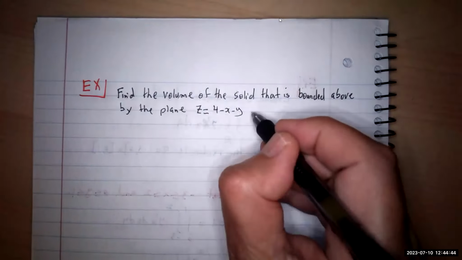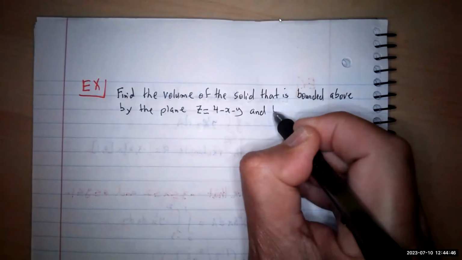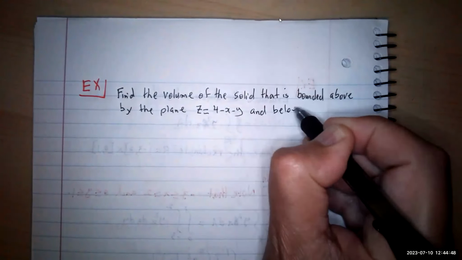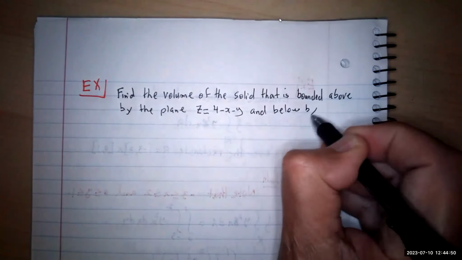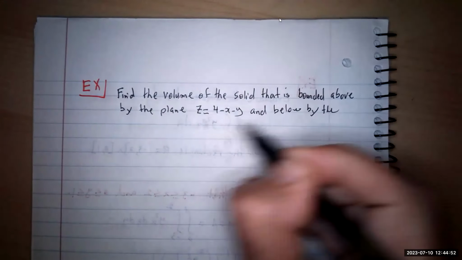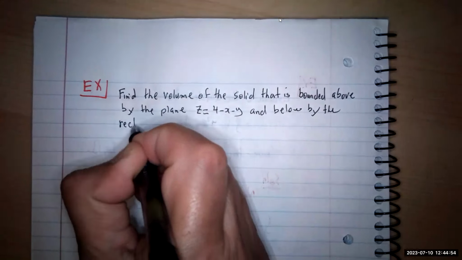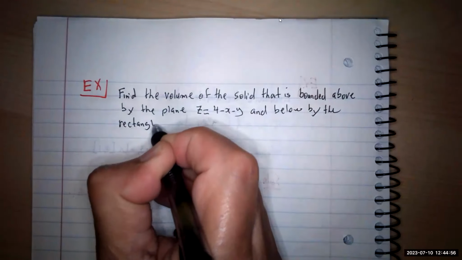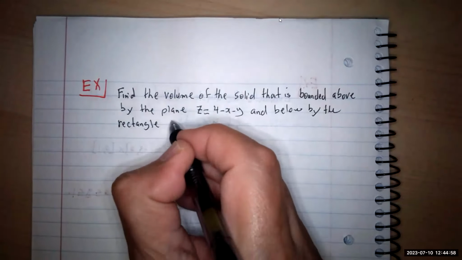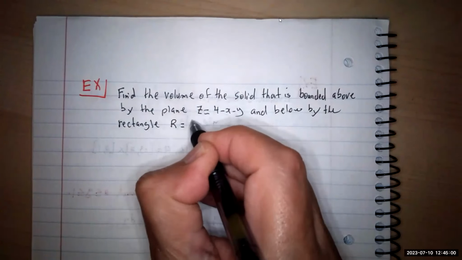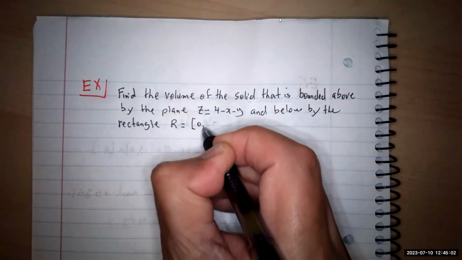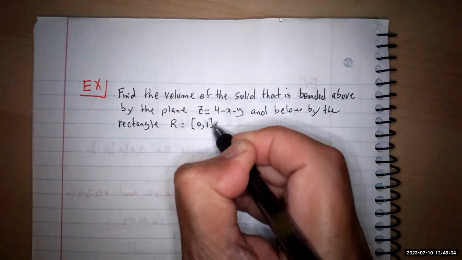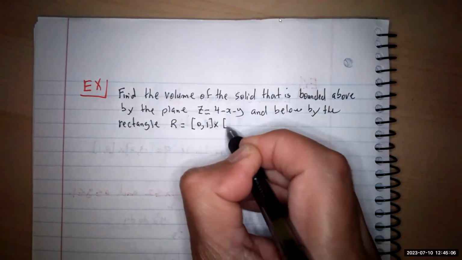And bounded below, of course, by a rectangle R, which is equal to [0, 1], this is the x, and [0, 2], which is the y.